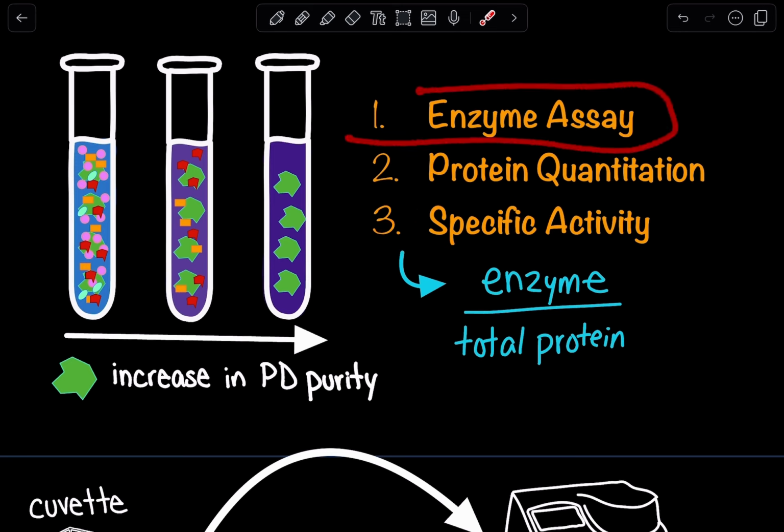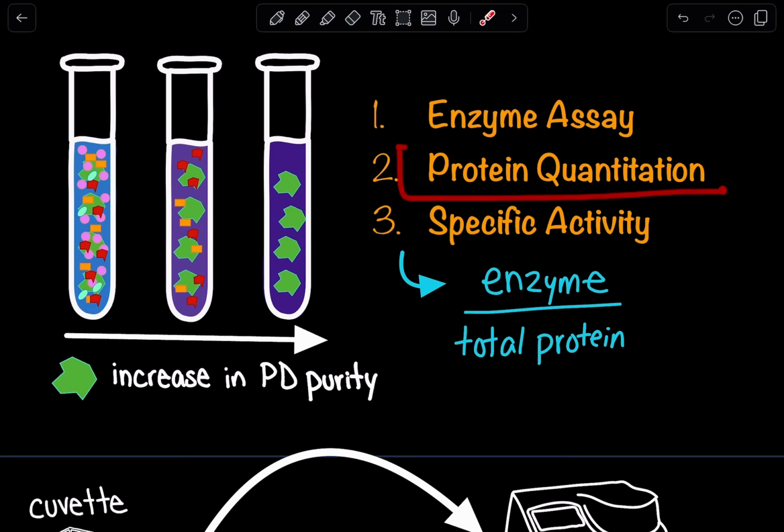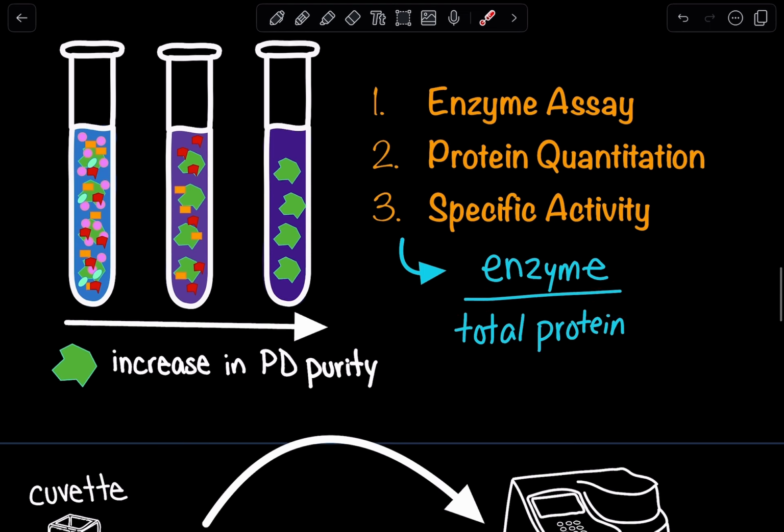Once we've performed that enzymatic assay and quantified the protein via one of the quantitation methods, we then determine specific activity, which is a relative understanding of how much enzyme we have in comparison to the total protein.